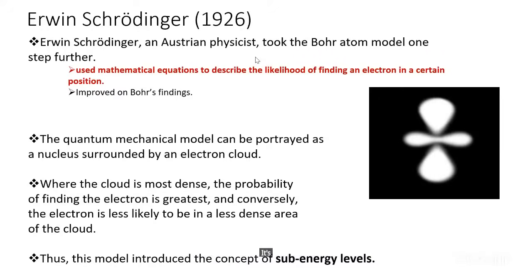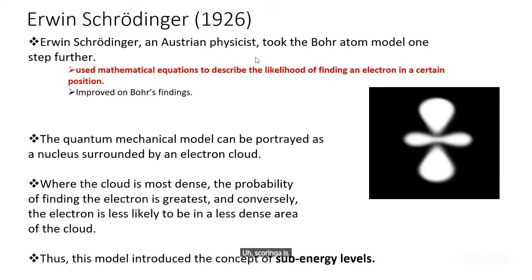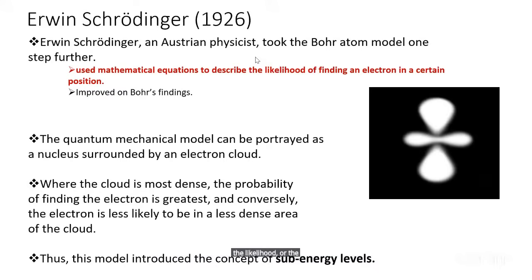It could be in any of the orbitals because the p orbitals are degenerate. Unlike Bohr, who just said that you will find it in the second energy level. Yes, you find it in the second energy level, but where in particular will you find it? That is what the Schrödinger model is all about. So he improved on Bohr's findings by letting us know the likelihood, or the probability, of finding an electron in a certain position.